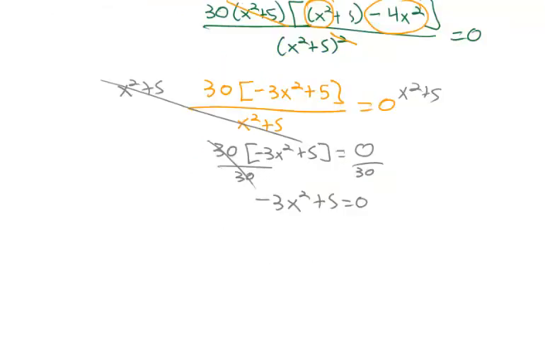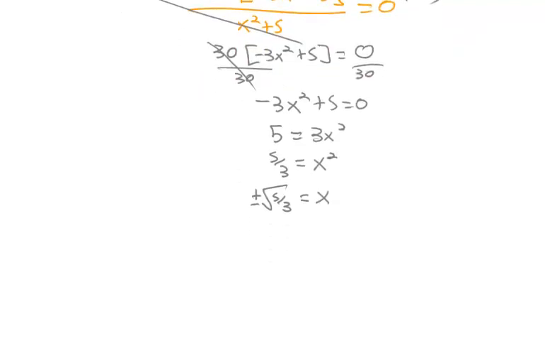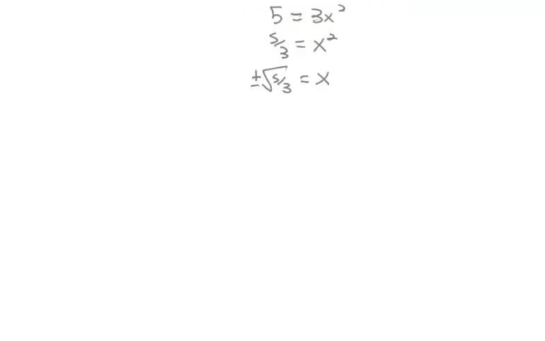And it's going to solve pretty quick from here. Add 3x squared to both sides. Divide by 3. And then take the square root. And when we do, we get plus or minus the square root of 5/3. Well, what is that?